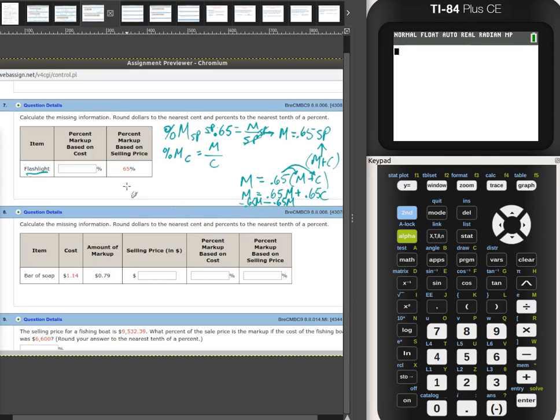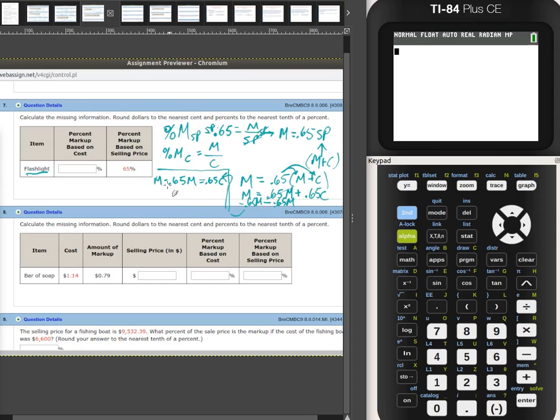So I'm going to continue this line of reasoning over here. We have m minus 0.65m. And then on the right side, of course, those just canceled each other out. So that equals 0.65 of the cost.